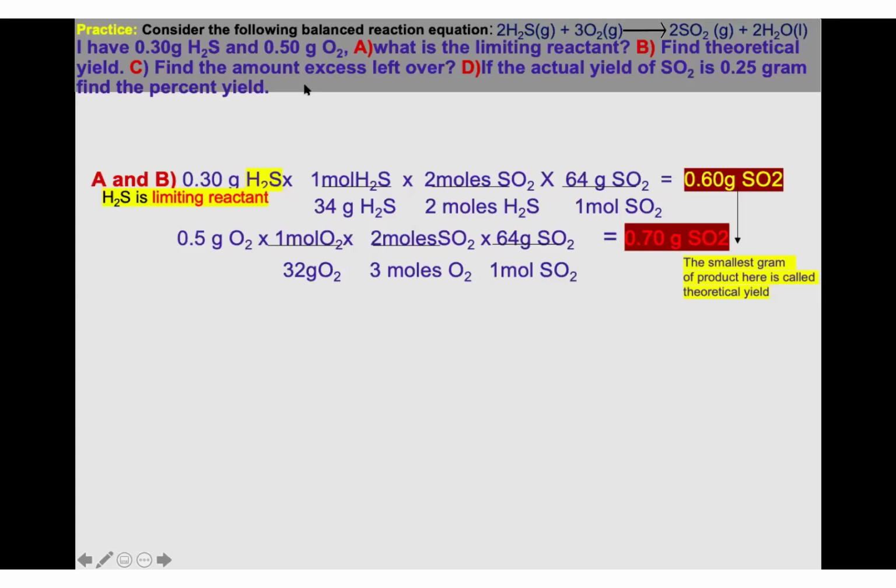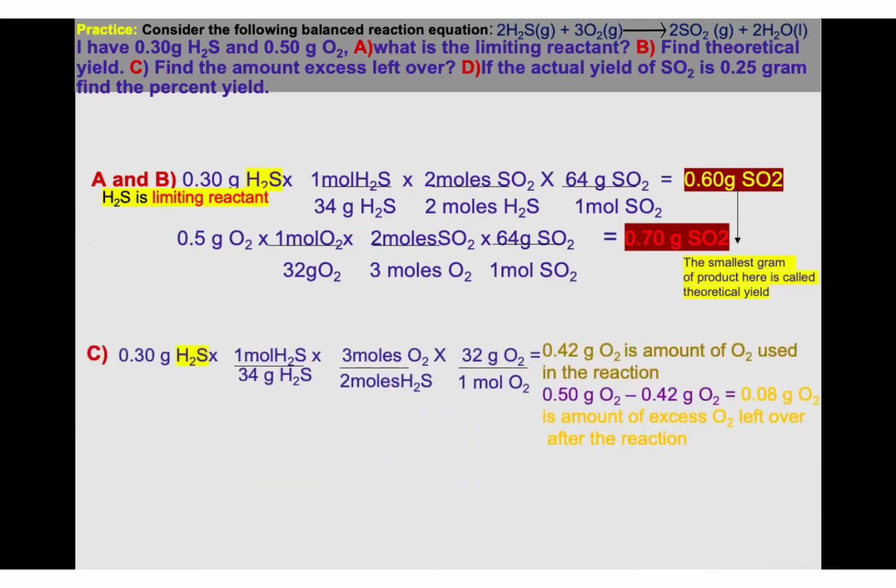So let's go to the excess. Which one is excess here, guys? We already know H2S is limiting. Which one is excess? O2. So we're gonna start with the limiting reactant always. When you want to find the amount of excess left over, start with what?